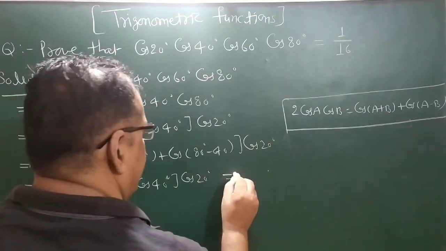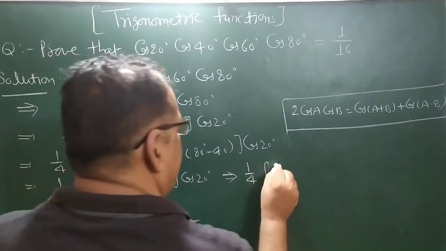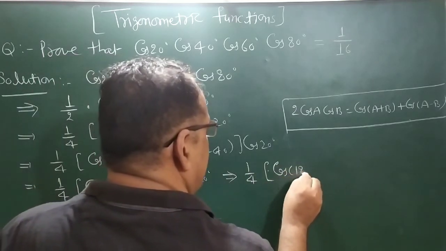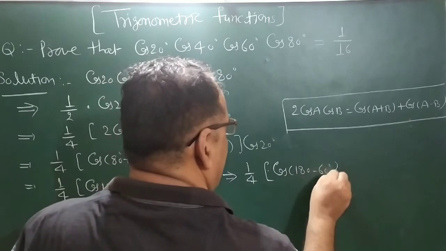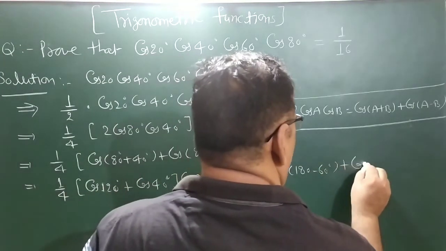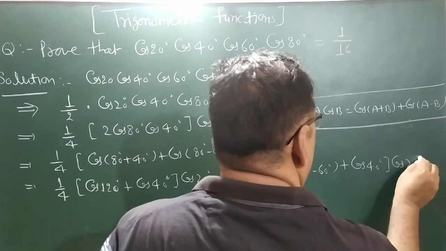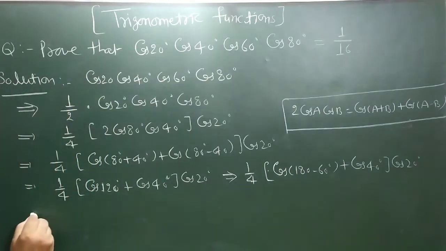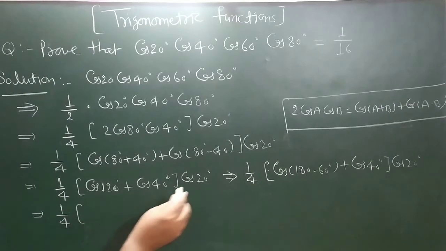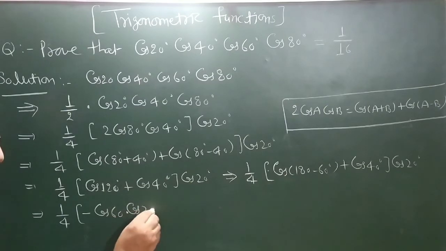In next step, this becomes 1 upon 4, cos 120 can be written as cos 180 minus 60. Otherwise, you can put the value of cos 120 here, plus cos 40 degree, and outside cos 20 degree. In next term, outside 1 upon 4, cos 180 minus 60 becomes minus cos 60 into cos 20 degree.